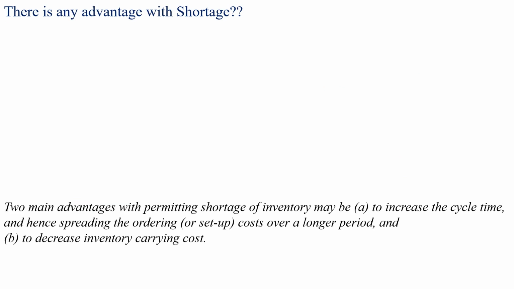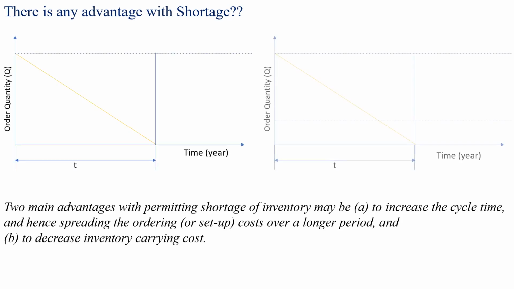Now the question will be raised: is shortage an advantage or a drawback? So let's see. First we have to discuss the inventory model with shortage, so first we see the inventory without shortage.